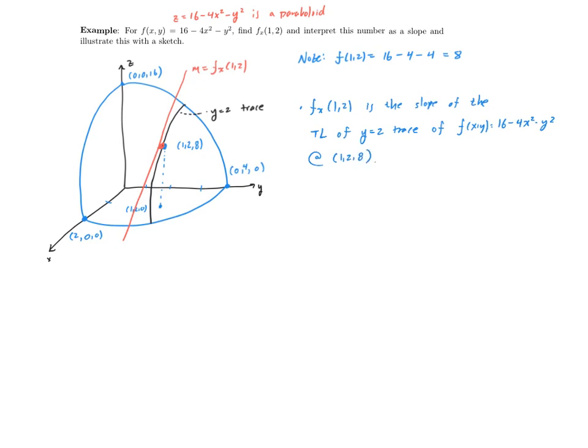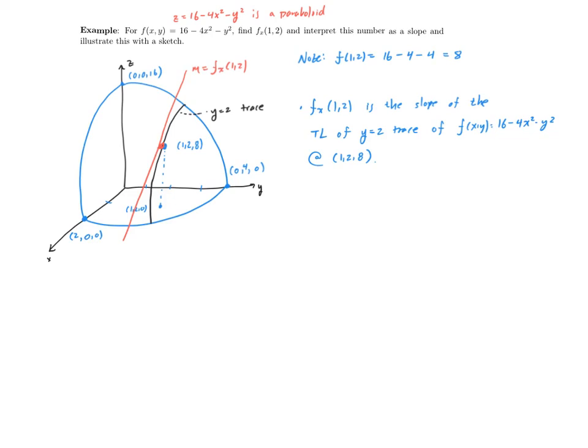And I really view this as being kind of the most difficult part of this problem, physically or geometrically interpreting this derivative. So after we go through a quick computation, we'll come back to this visualization and we'll use GeoGebra to help us out a little bit.